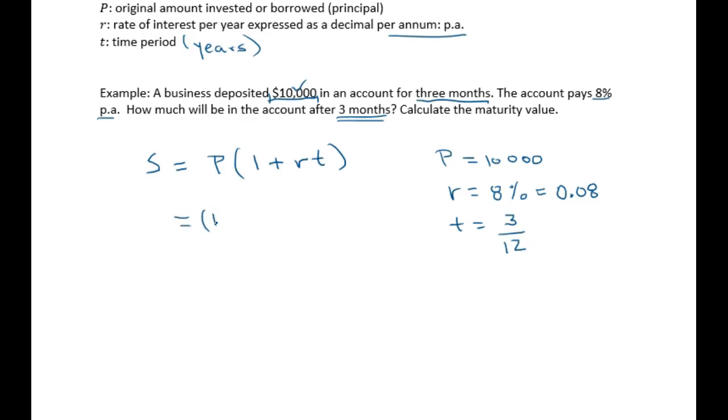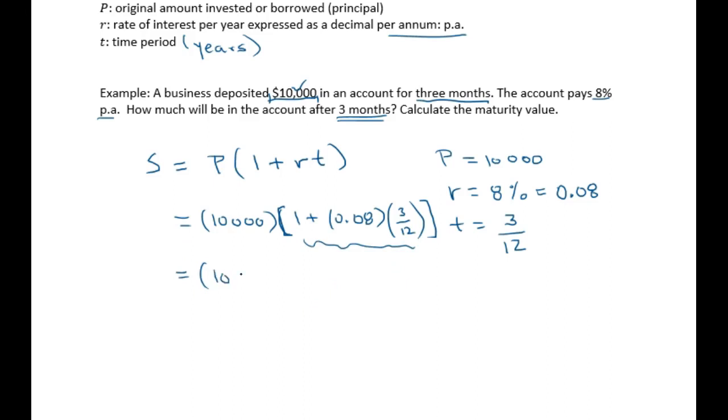So our principal is 10,000 multiplied by 1 plus our rate, 0.08, multiplied by our time frame in years, which we just created as a fraction, 3/12, and close that big bracket. BEDMAS or order of operations says I should do the bracket first, so I'm going to do that.